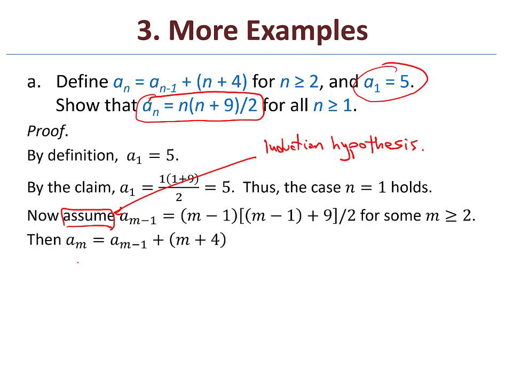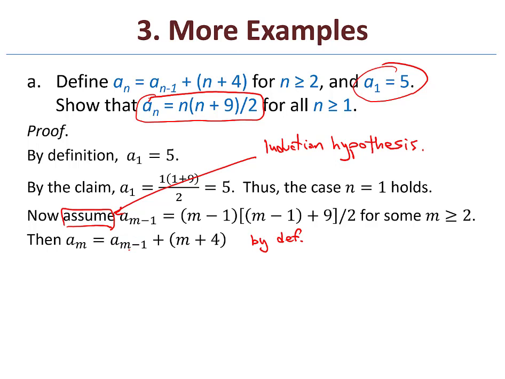All right, so now what? Let's talk about a sub m. Well, a sub m equals a sub m minus 1 plus m plus 4. Why is that true? How can I say that equality? Oh, that was the definition. That's the recursive definition that's given to us. But look at this. As part of the definition, it includes a sub m minus 1.